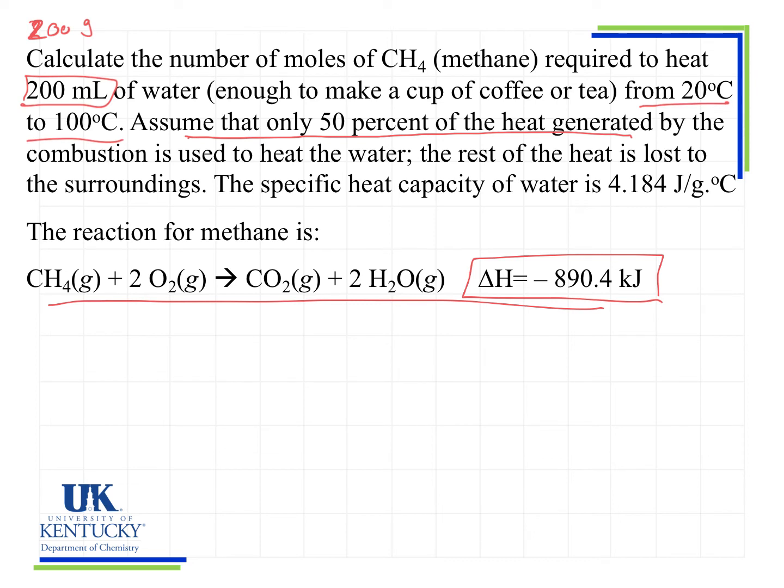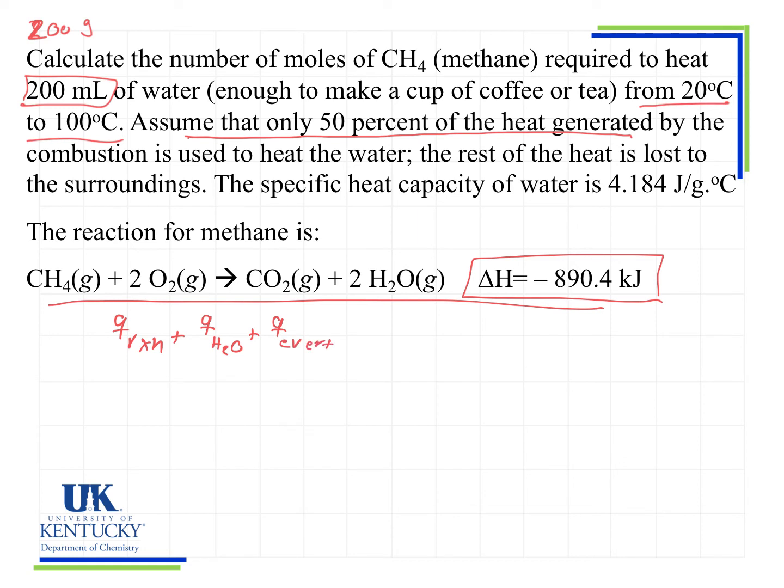Okay, so it uses the same concept. The Q of the reaction, which is that reaction, plus the Q of water plus the Q of the surrounding. Well, water could be the surrounding, so let's say instead of surrounding, let's say everything else.